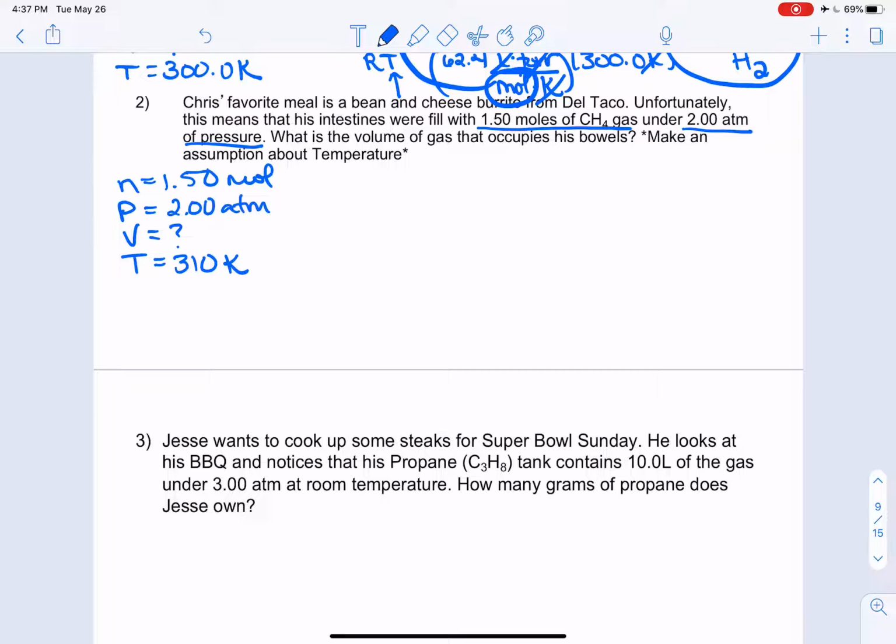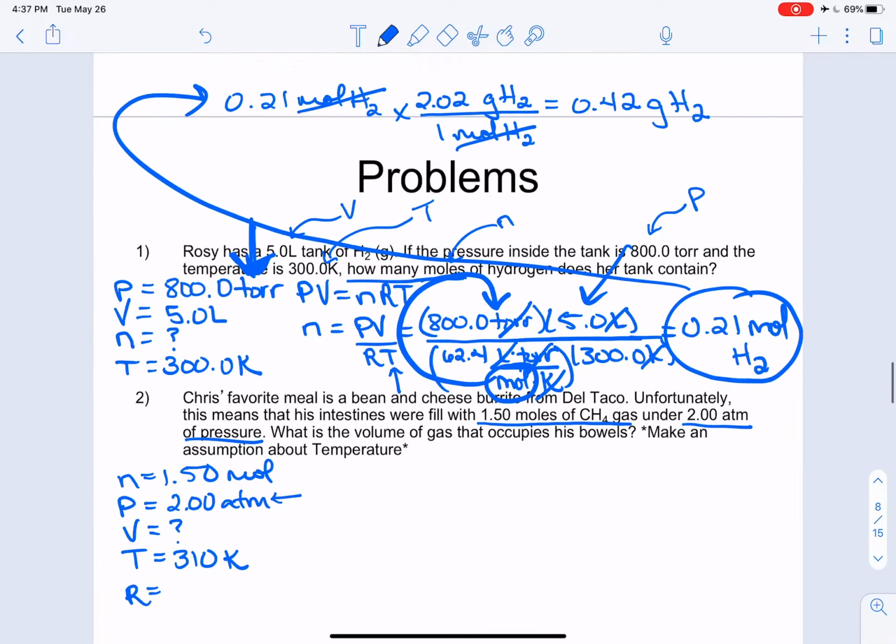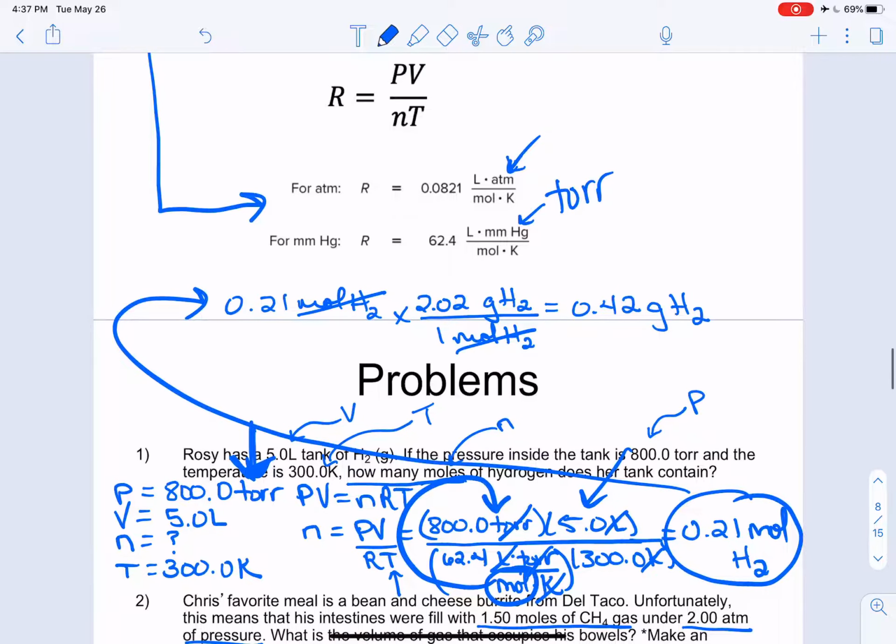And we also need an R value here. And our R value has to do with the pressure unit there. So if we look back up here, we can see that whenever we're using atm, we're going to have 0.0821. So it's not 62.4. You use 62.4 when you have torr or millimeters of mercury.